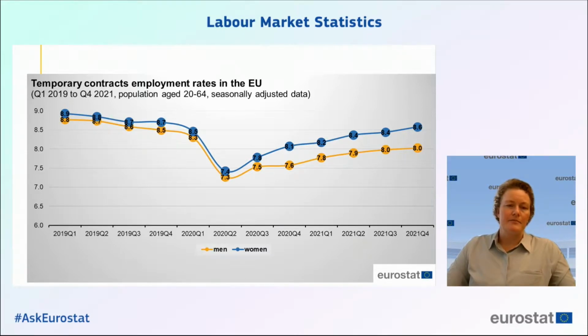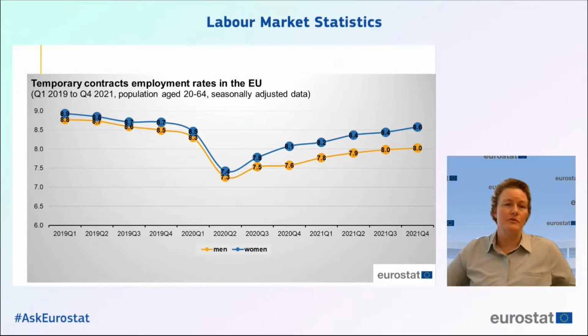You see that before the crisis, this indicator was really close together for men and women. So the same share of the population was working with temporary contracts. And then this share dropped between the first quarter and the second quarter of 2020. And the explanation for this is quite easy.